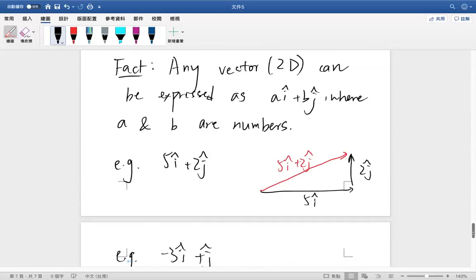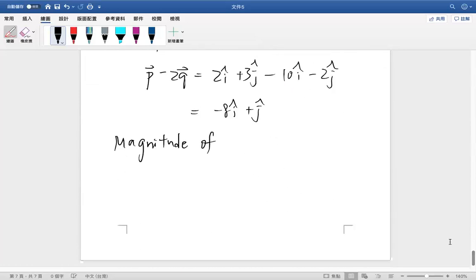So let's see why. As I mentioned, any vector v can be written as ai plus bj. Maybe let's not work with the general case. For example, 5i plus 4j. Let's try to sketch it.